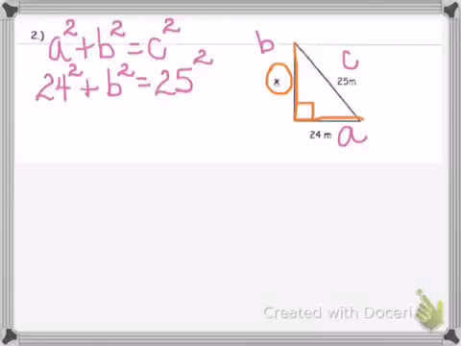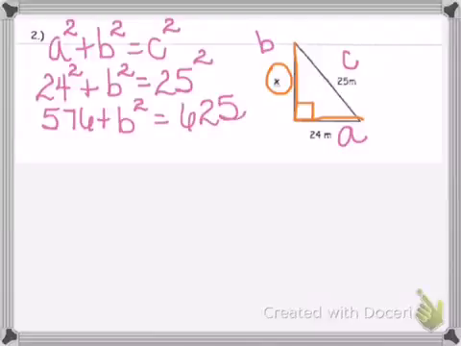Doing the math here, 24 squared is going to give me 576 plus b squared, and 25 squared gives me 625. Now to solve this, I need to get b squared alone on the left side of the equal sign. So in order to do that, I'm going to subtract the 576 from both sides.